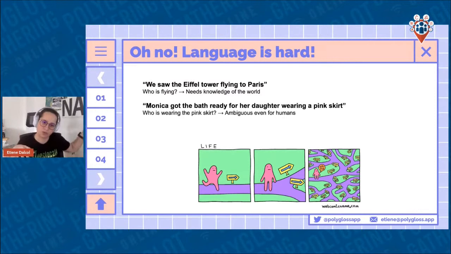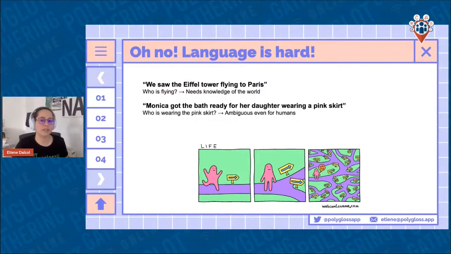In other languages, they will attach it to the first reference of the sentence. So if humans can't tell, how can computers do that? It's very tricky. Not everything can be answered through syntactic rules. So how do we deal with that?